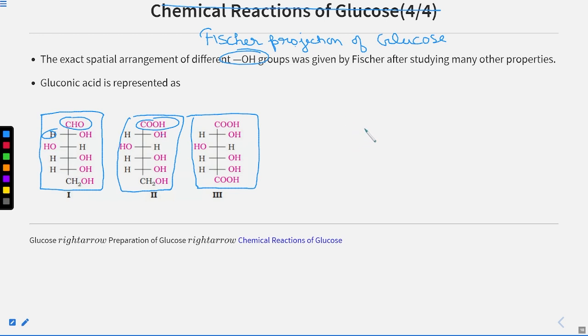That would be E2 elimination. E2 elimination requires an anti-periplanar structure. Now what is the meaning of anti-periplanar structure? So this is the structure of this. CH3.